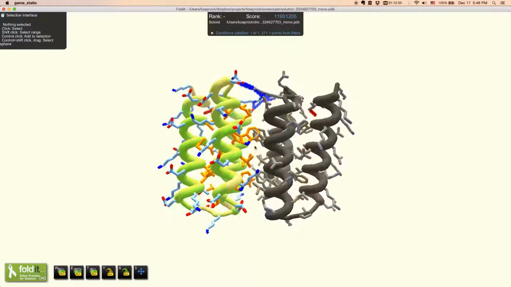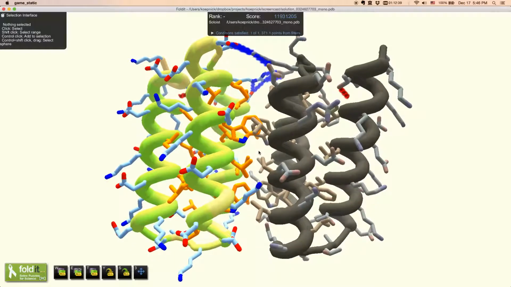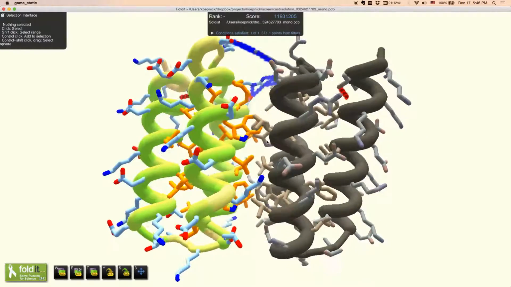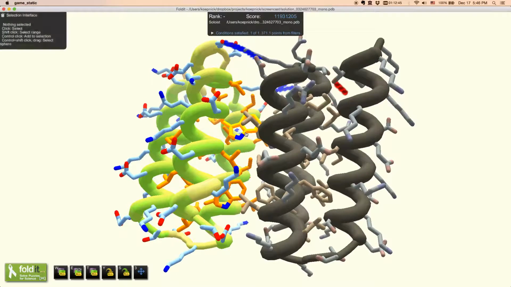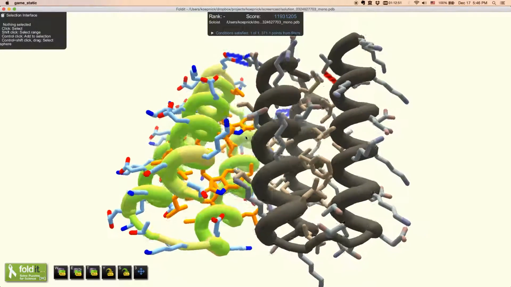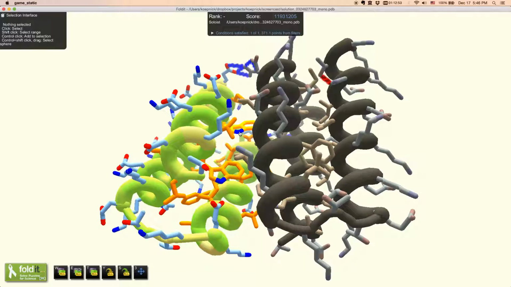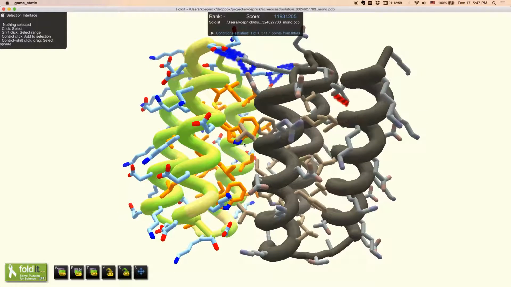The other thing that is really a bigger issue with this design, that is more difficult to see and is not really visualized well in Foldit, is that this tryptophan here has a polar atom that is completely buried. So you see that solvent, water, would have no way to get to this polar atom and make a hydrogen bond to it, which is really unfavorable.